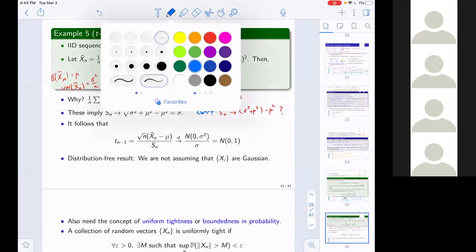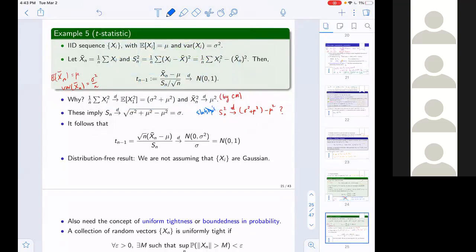So this converges to sigma squared. You can see it's an unbiased estimator, asymptotically unbiased. This is consistent, right? So S n squared converges in distribution to sigma squared means that it also converges in probability. So it's consistent for sigma squared.